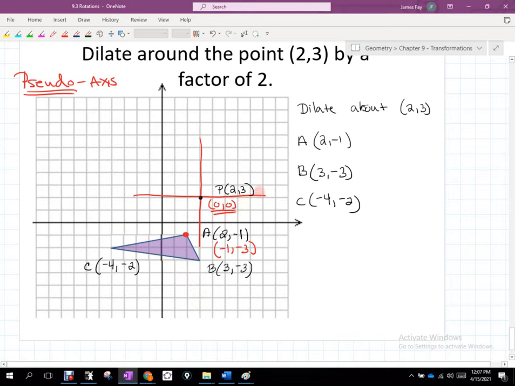Well, let's fix this. Let's go 3, 2. Thank you. All right, so if I want to dilate around 3, 2, let's rename that.